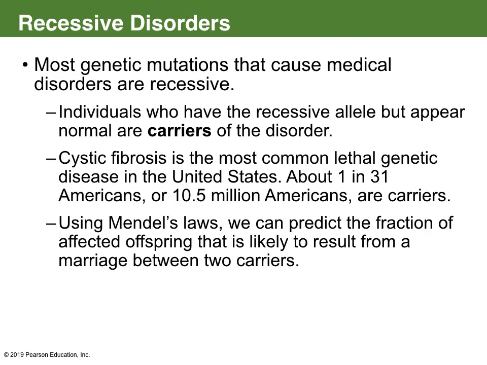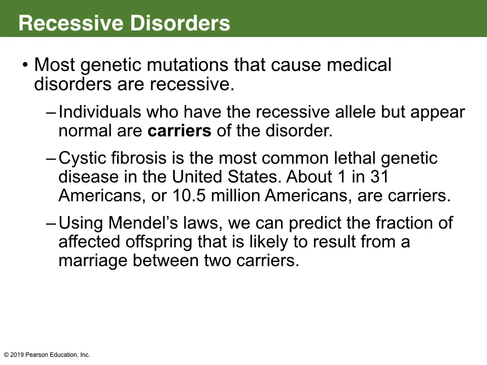Is also carrying a copy of the recessive allele but they appear normal. And cystic fibrosis is the most common lethal genetic disease in the United States. About 1 in 31 Americans, or about 10.5 million Americans, are carriers. So the allele is out there. So this is one where it would be important to know family history to know if this character was there.